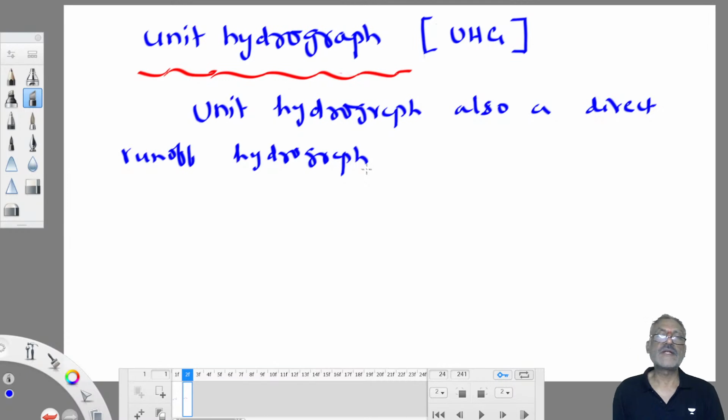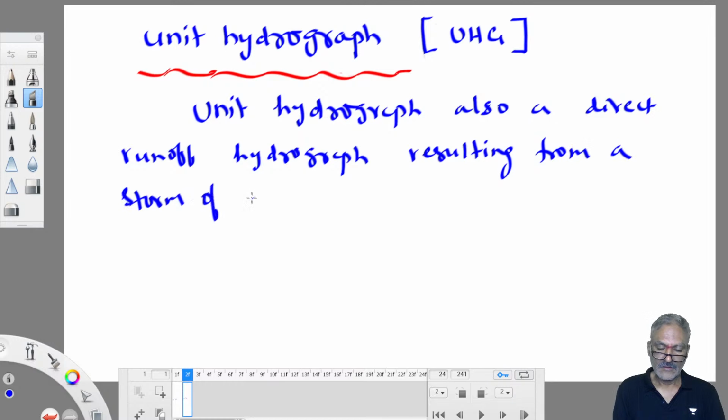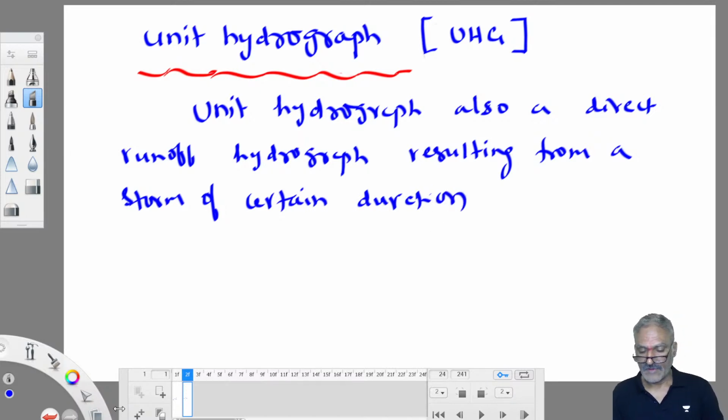Unit hydrograph is also a direct runoff hydrograph, resulting from a storm of certain duration. Storms of different durations occur, for each and every storm it is different. Storm of certain duration, right?